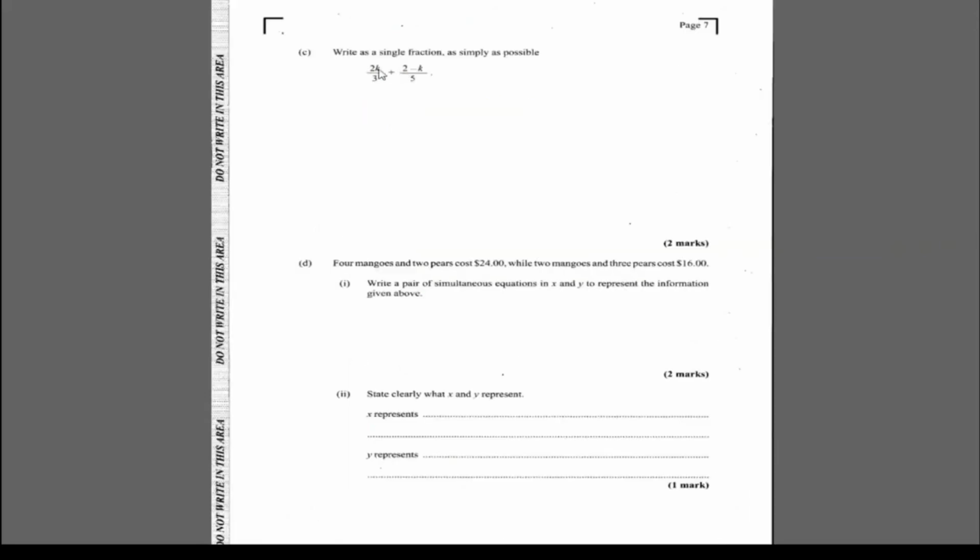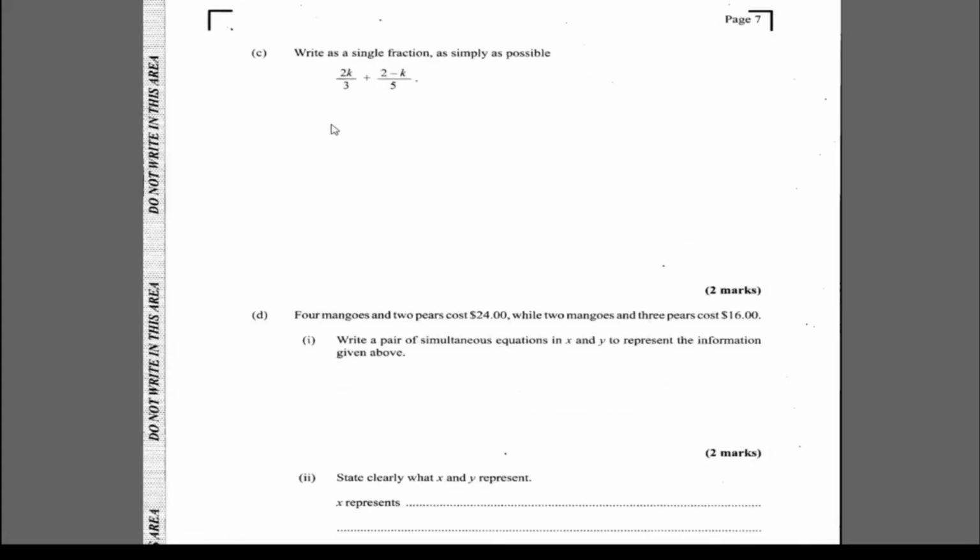Now the next part says, write as a single fraction 2k over 3 plus 2 minus k over 5. The LCM of 3 and 5 is 15. So 3 into 15 goes 5 times, and 5 times 2k is 10k.